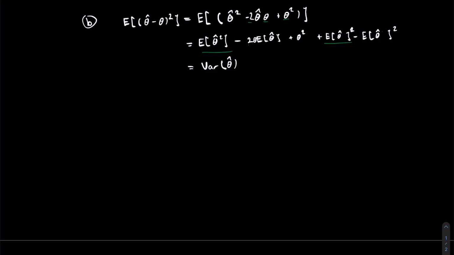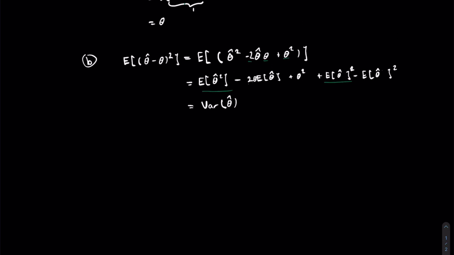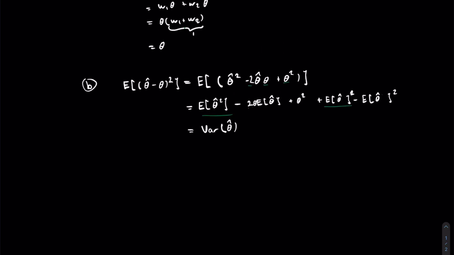Okay, and the definition of bias is, let's write it down here to the right hand side. So the bias of theta is the expectation of our estimator minus theta, and it's unbiased, right?